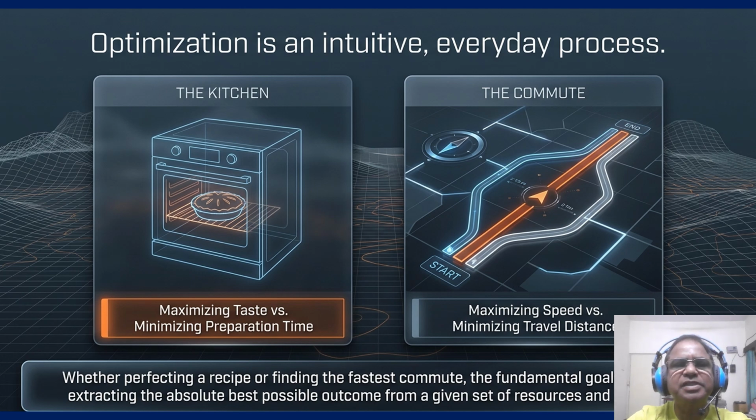So optimization is something we already do every day. In the kitchen we try to get the best taste with less time and effort. In travel we choose the best route to save time and fuel. In the blast furnace we do the same thing. We always try to get a stable operation, low fuel rate and good hot metal quality with the minimum cost.